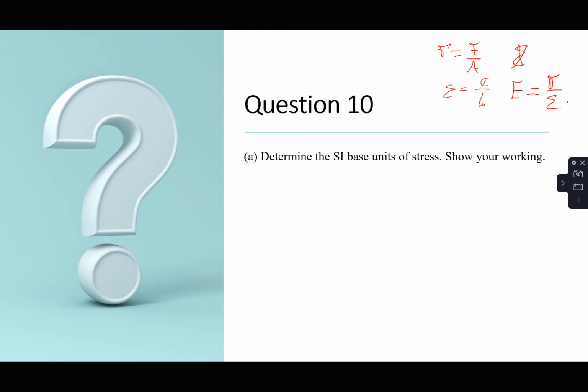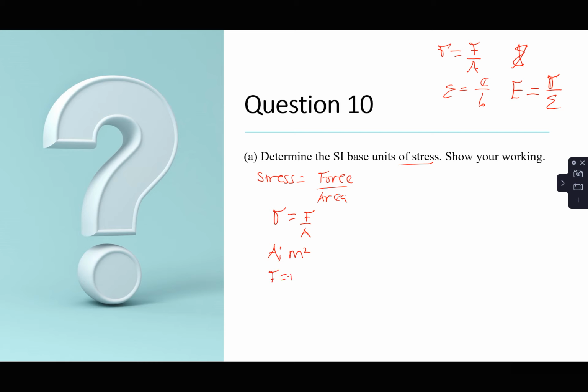So let's straight away go to the SI base units of stress. By definition, stress is going to be defined as force over cross-sectional area. The base units of area are meters squared.